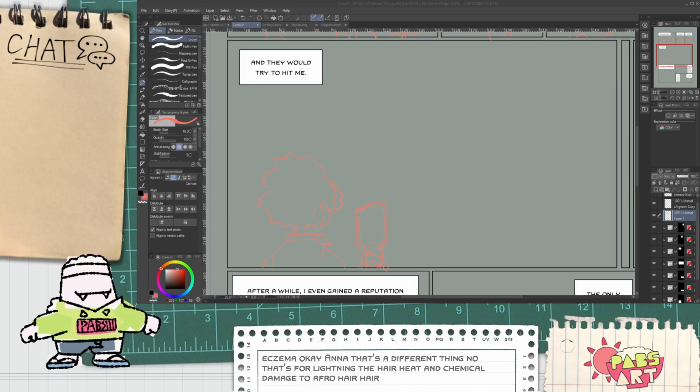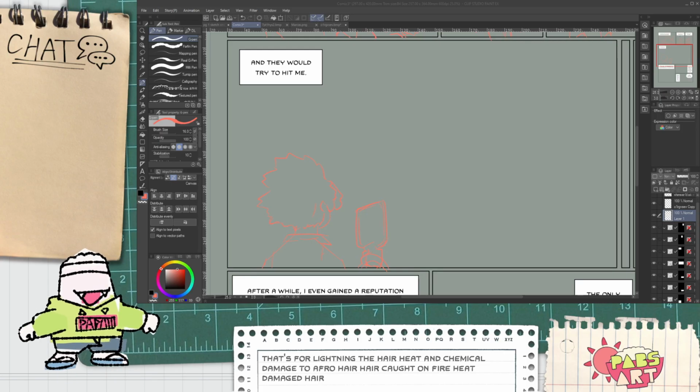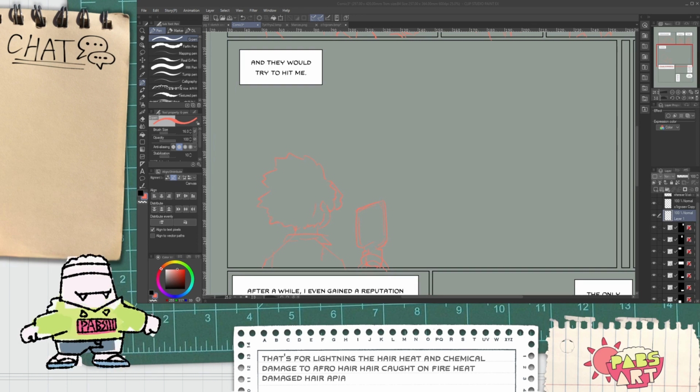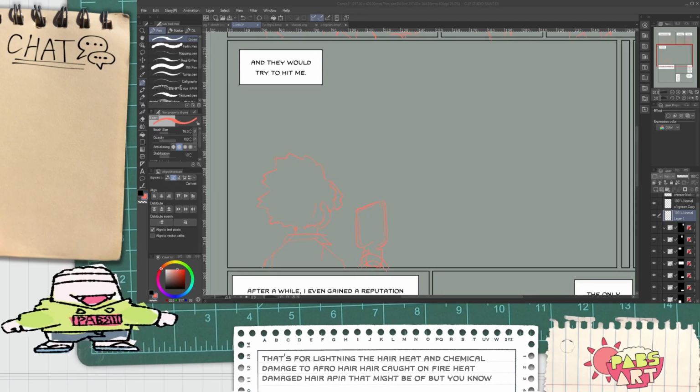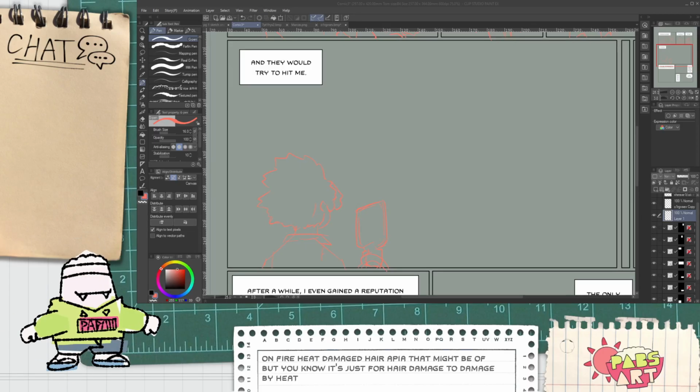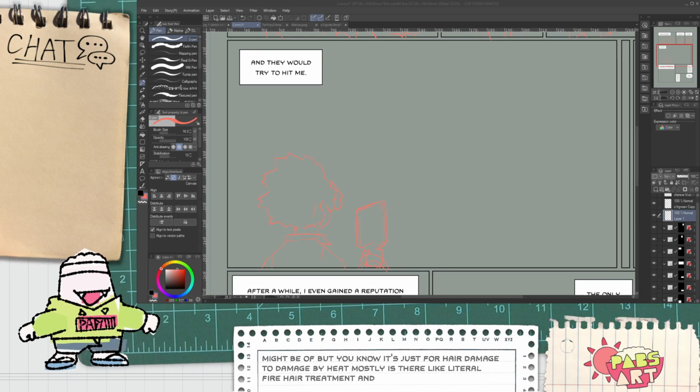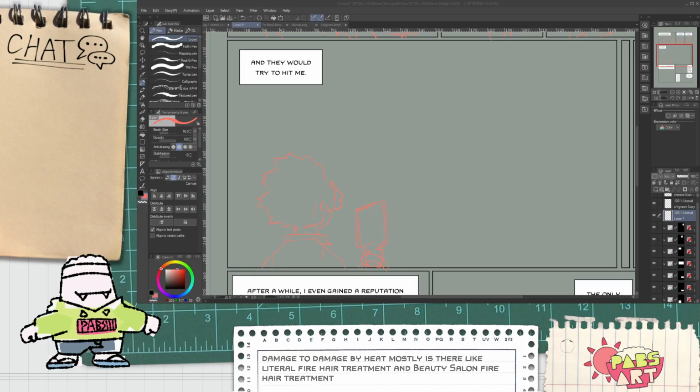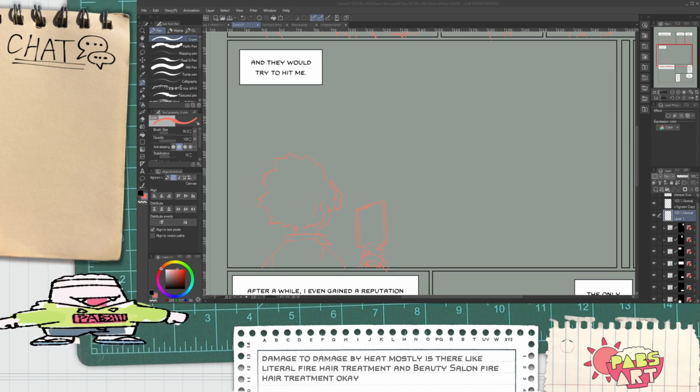Hair caught on fire. Heat damaged hair. Velaterapia. That might be it. But yeah, no, it's just for hair damaged by heat mostly. Is there literal fire hair treatment? Hang on. Beauty salon fire hair treatment. Okay, yeah, no, that is Velaterapia again.